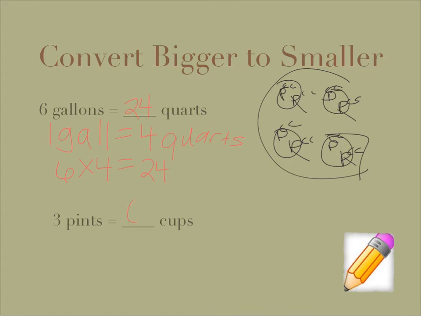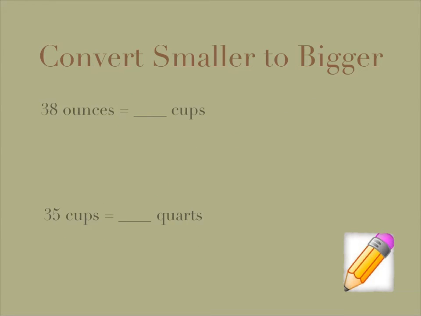So I need 6 cups. I also could use my customary conversion sheet and say that 1 pint equals 2 cups. And I recognize that I'm going from bigger to smaller, so I'm going to multiply. 3 times 2 gives me 6. Either way, it works. Alright, let's convert smaller to bigger.